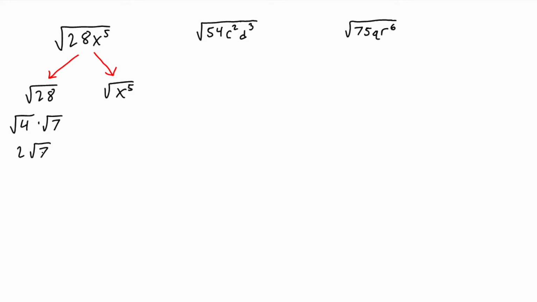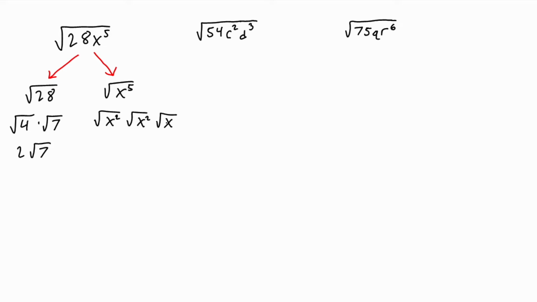And then we look at the variables. What we want to do here is take out all the perfect squares. There's a few different ways we can do this, but probably the easiest way to recognize right off the bat is just take out all of the x squareds. So we've got square root of x squared, square root of x squared, and square root of x.